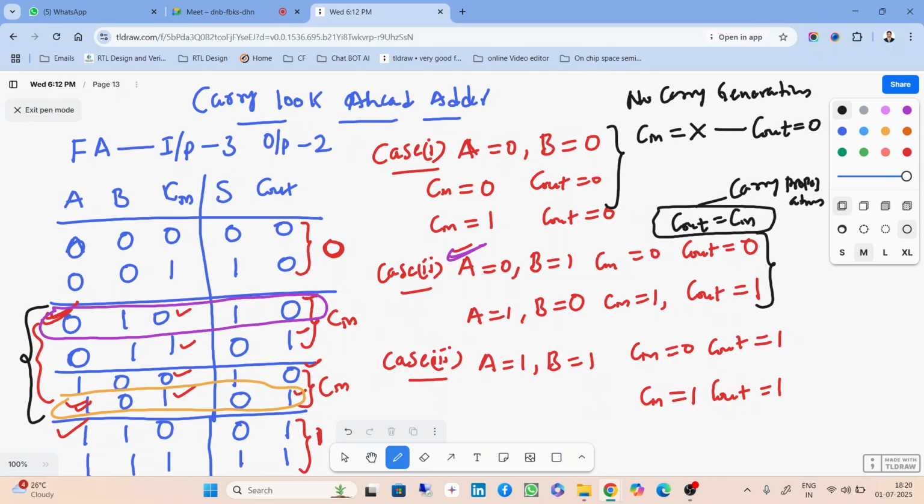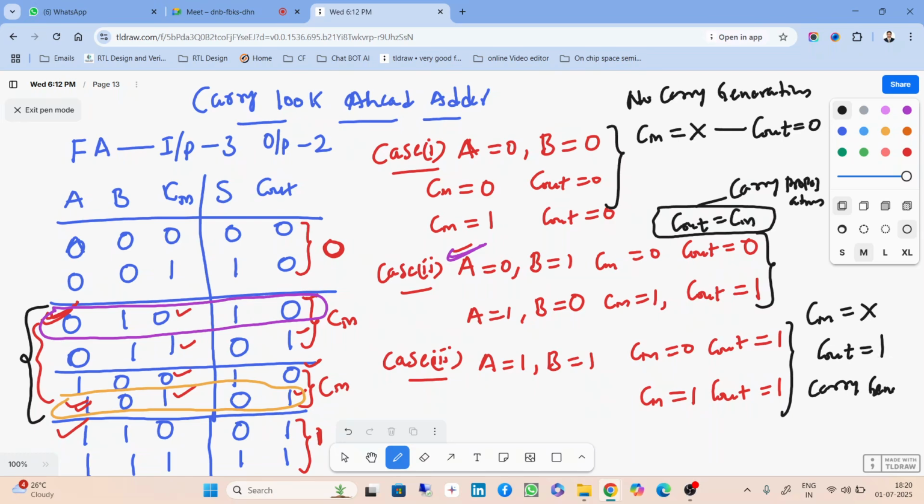And the third case, you see. This is A equal to 1, B equal to 1. So here C input equal to X, that is, C out equal to 1. This is nothing but carry generation.